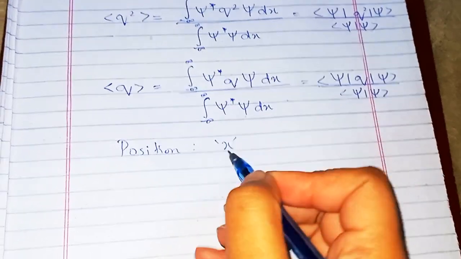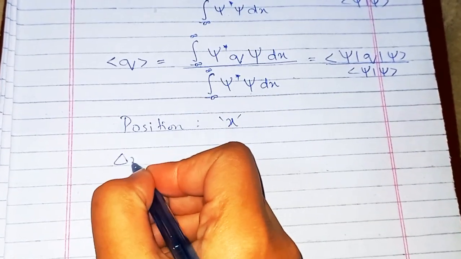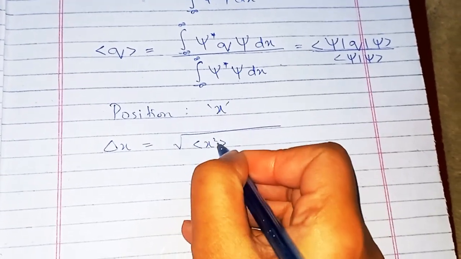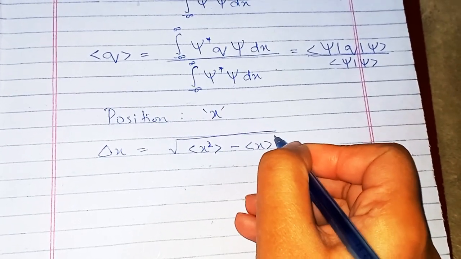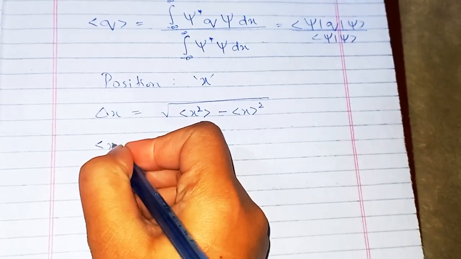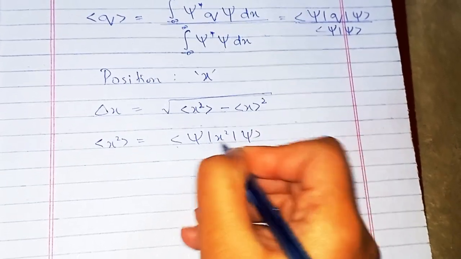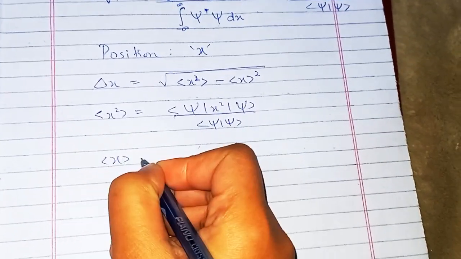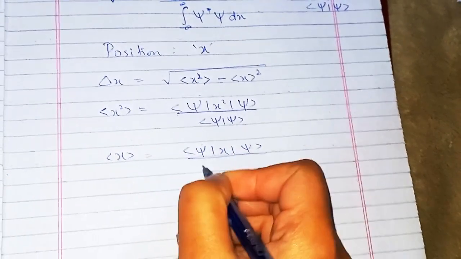So x is the symbol that we use for position, and we'll have delta x. Uncertainty in position equals the square root of the average of x squared minus the average of x, the whole squared. And we can write the formulas really easily here: psi x squared psi in bra-ket notation, because it is a concise way to write it. Just quickly, you can see how easy it is.